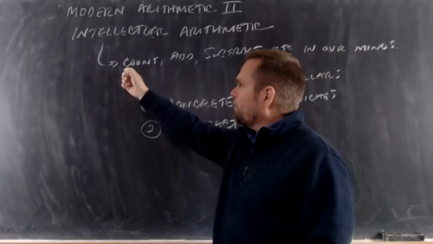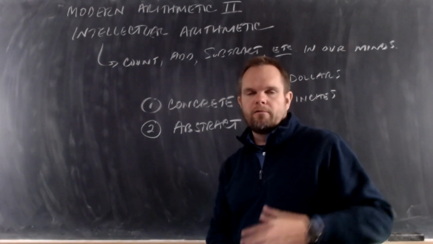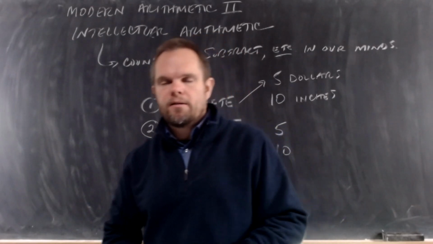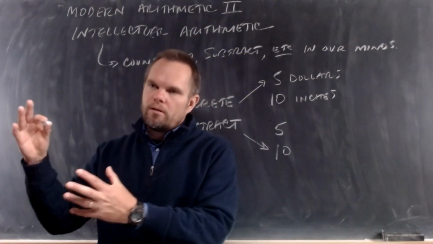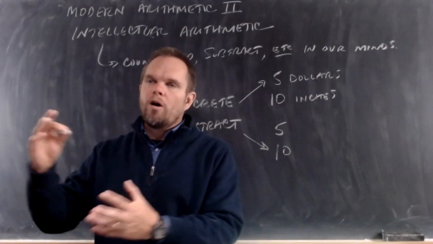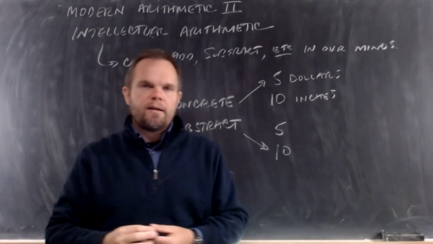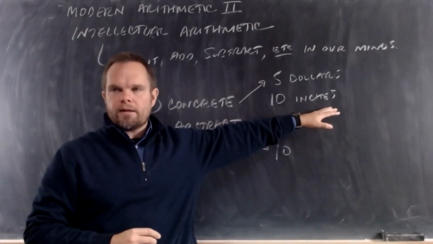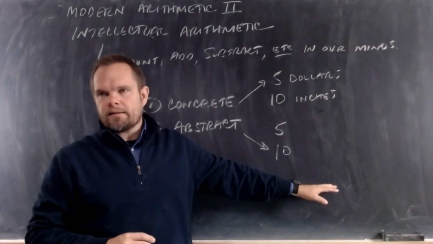So one of the important differences between primary arithmetic, or arithmetic 1, and intellectual arithmetic, arithmetic 2, is we're trying to grow in our minds. We're trying to grow intellectually so that we don't have to always think about concrete numbers, but we can think about abstract numbers.